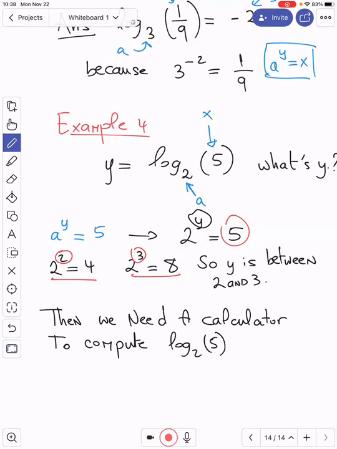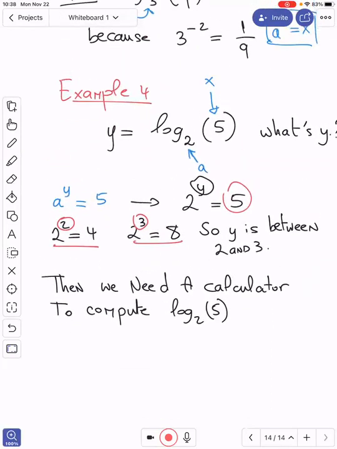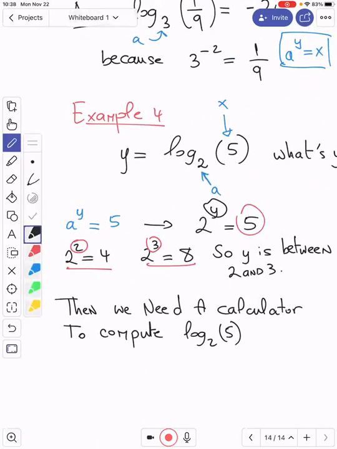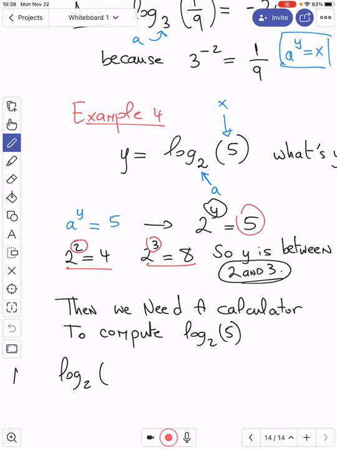Anyway, here's an exercise for you. Excuse me. Yeah, so what do we do when we get this problem? Is it undefined? No, it's not undefined. It's going to be some decimal, some number between 2 and 3. Actually it's going to be 2 point something, but this is log in base 2 of 5. So as an answer, I just write it here, log base 2 of 5.